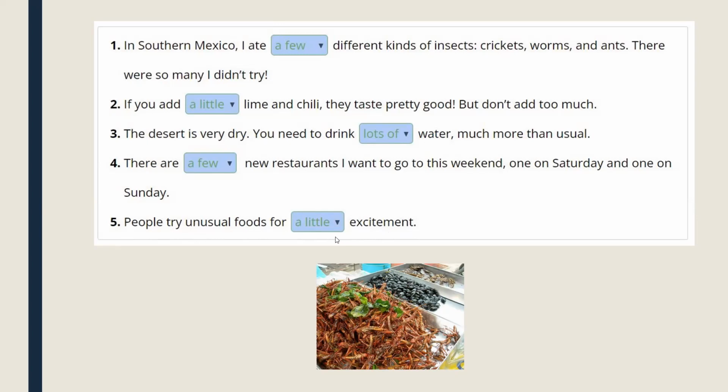And I want to show here the idea of small amount. So small amount, uncountable, I have to use a little. So people try unusual foods for a little excitement. Okay, affirmative.